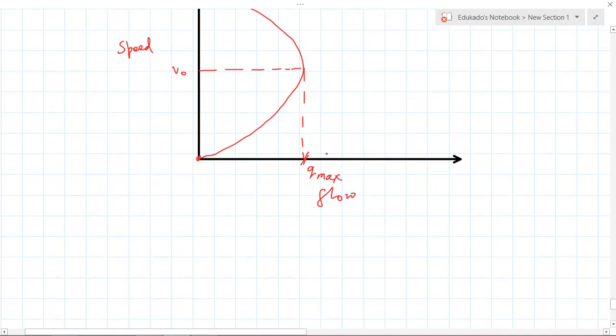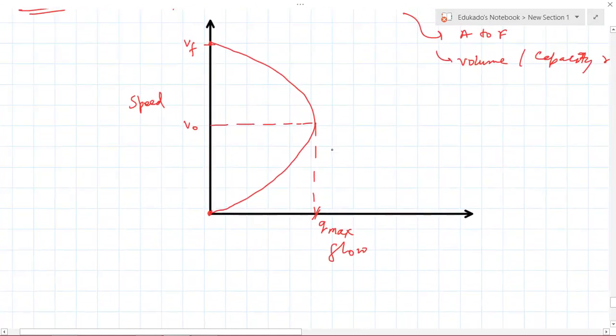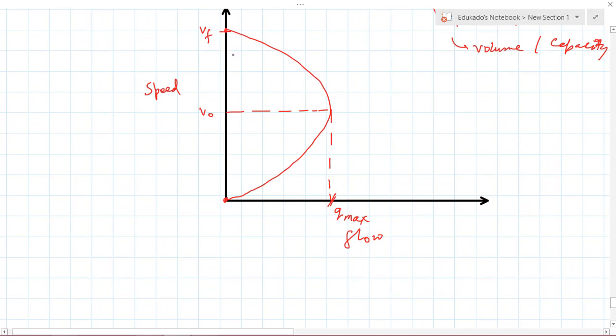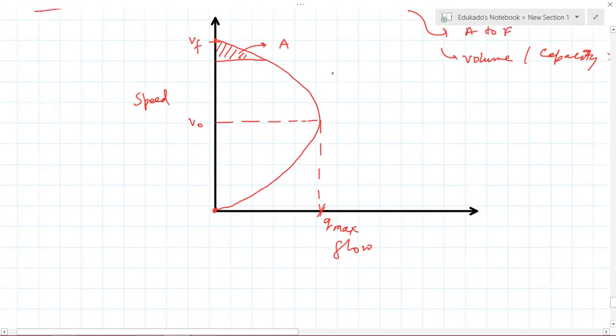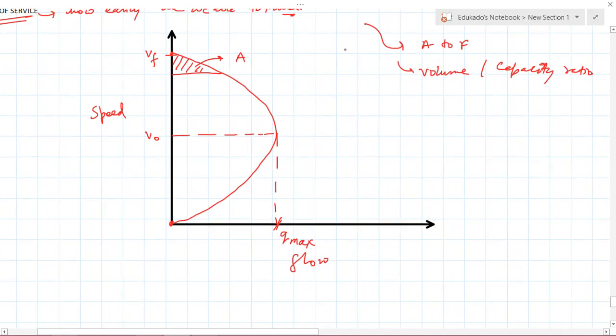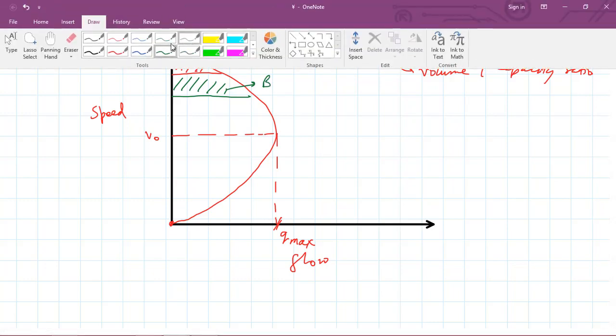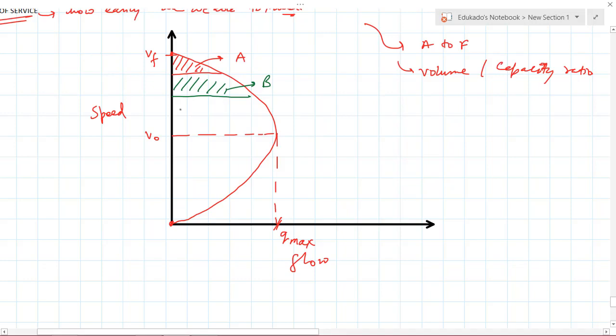So if I make some segments out of it, I can say this initial part is for A. Now we will understand what these A, B and all these things are, but let's first categorize them. This part is like for B. Alright, and let's go with this part.